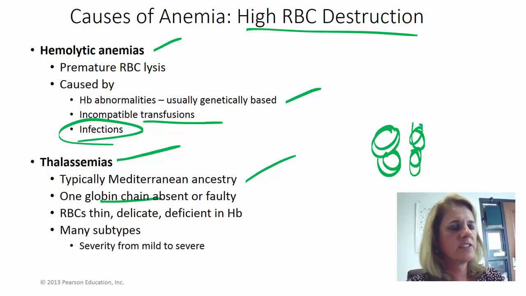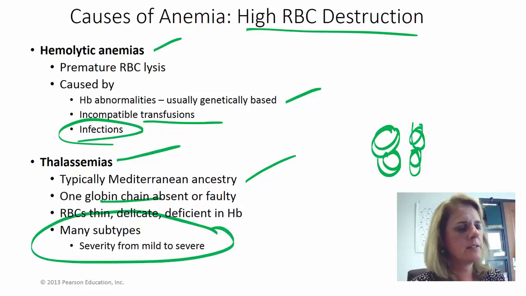So the severity totally depends on whether or not you're missing the chain or if it's faulty. So some people have the trait for thalassemia, but they're okay. But it can be very severe and debilitating and can cause severe problems. So many subtypes of thalassemias, but they're not all equal. It just depends on what the particular problem with that globin chain is.